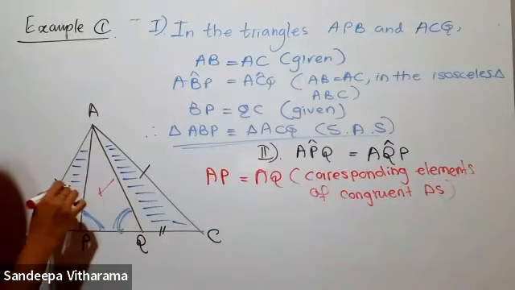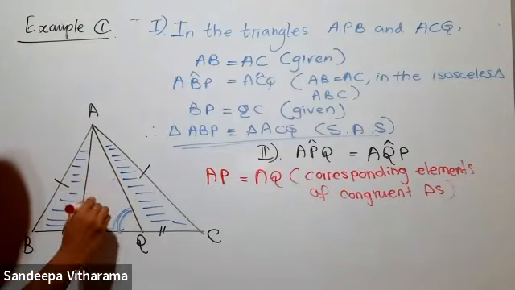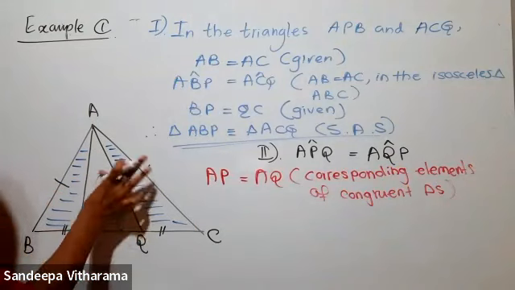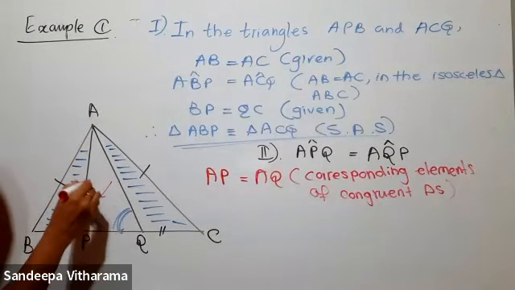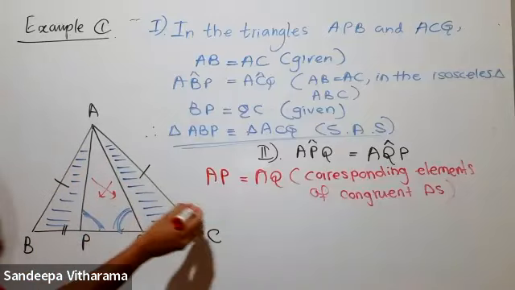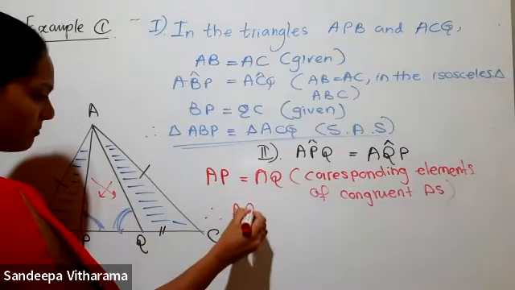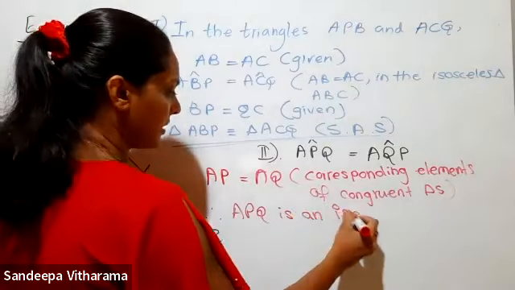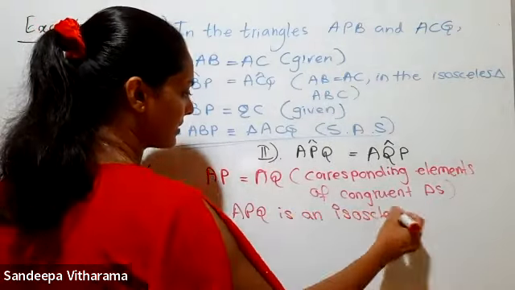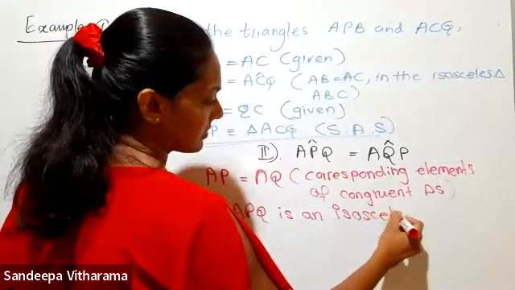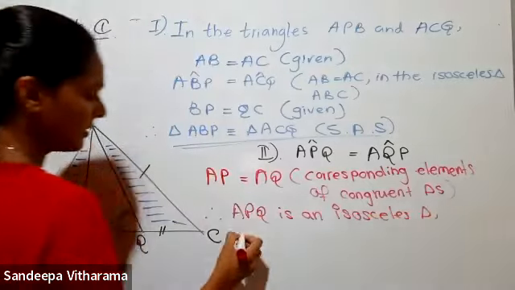Then, what can you say about triangle APQ? We can say that it is an isosceles triangle. No? Therefore, the angles opposite to these two sides are equal. Okay, therefore, APQ is an isosceles triangle.